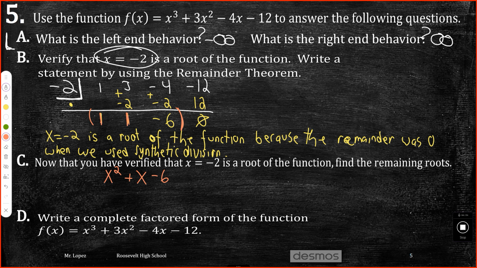How can you break this one down? What goes at the bottom of the x? What goes on top? What are the two numbers that multiply to negative 6 and add up to 1?